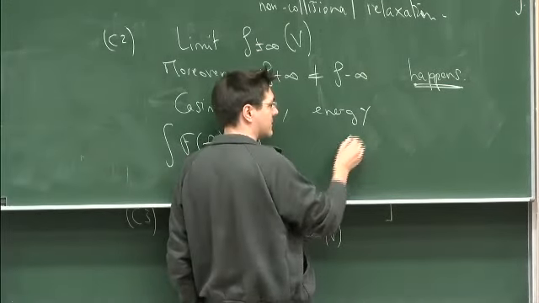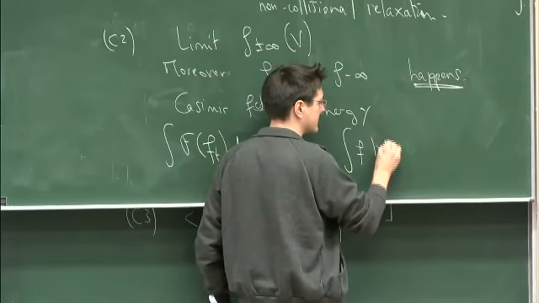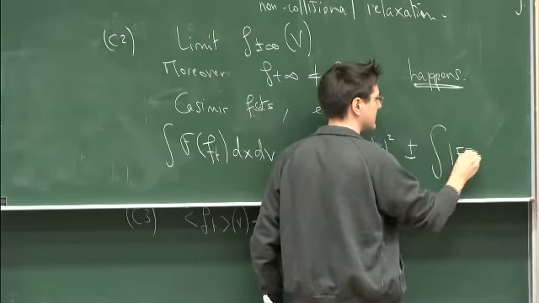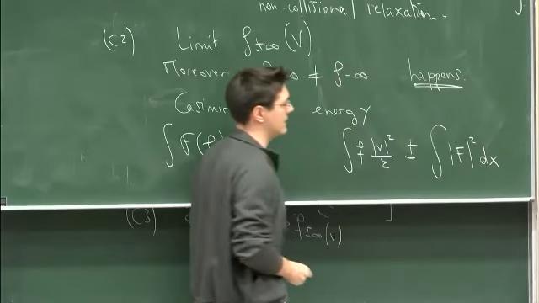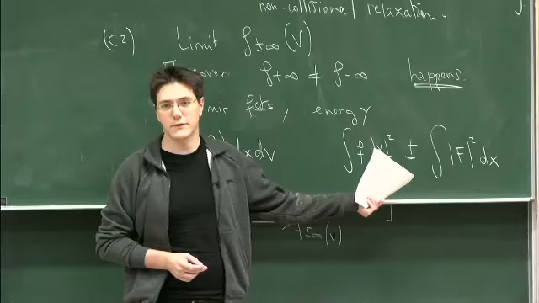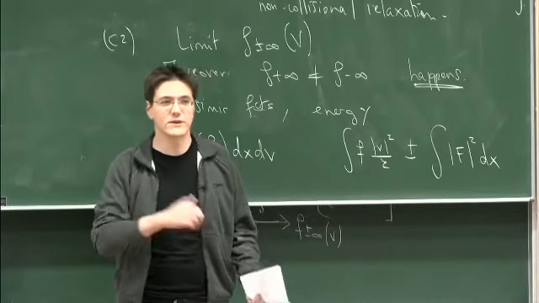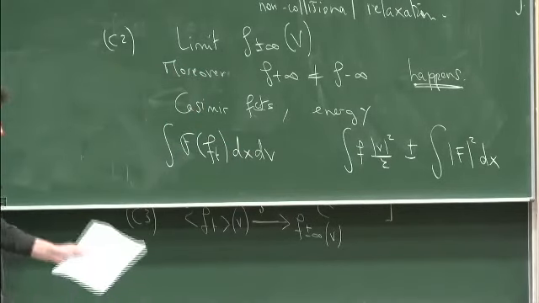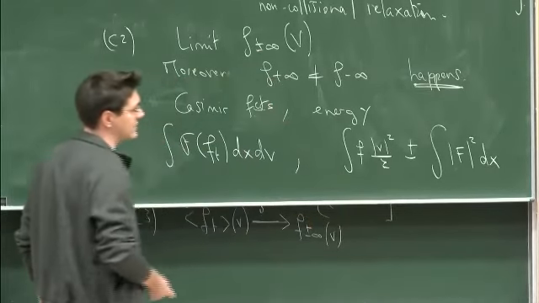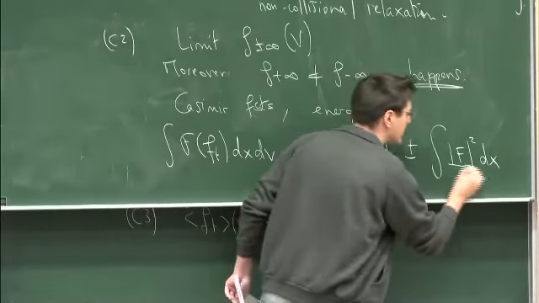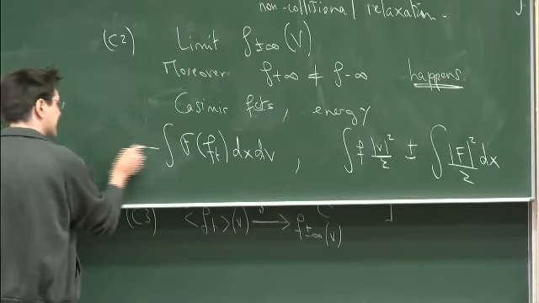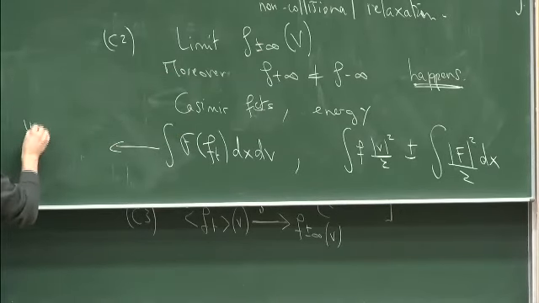And the energy is something like this, plus or minus the energy of the force field. Plus is for a plasma, minus is for a galaxy. It's focusing or defocusing in Schrödinger words. This is kinetic and this is self-interaction energy. And maybe there's also 1/2, sorry. And these two quantities are unchanged by reversing time.